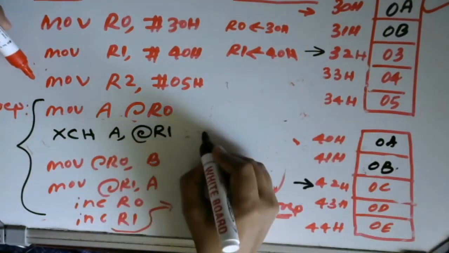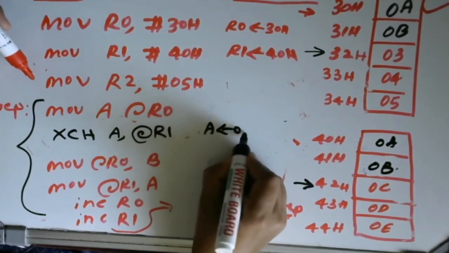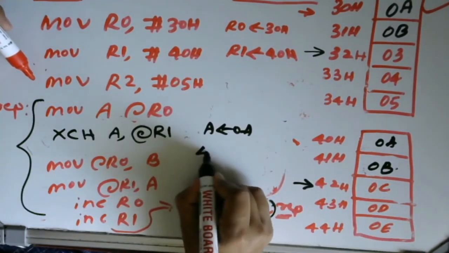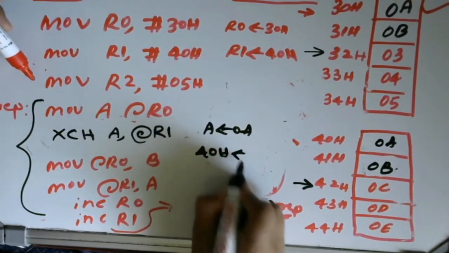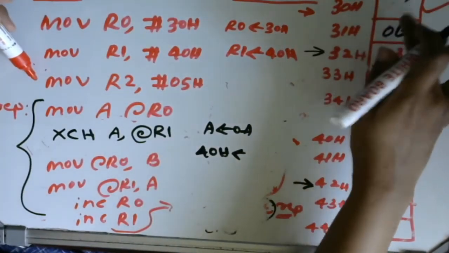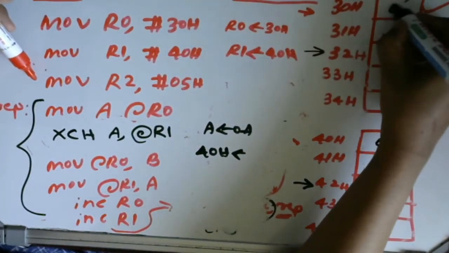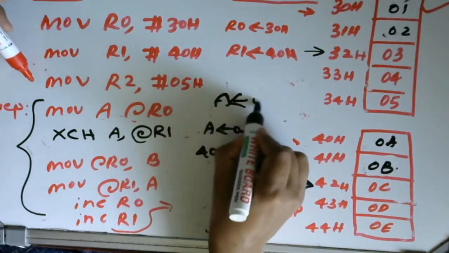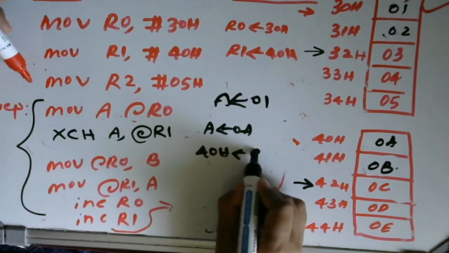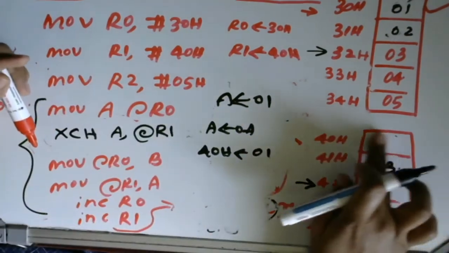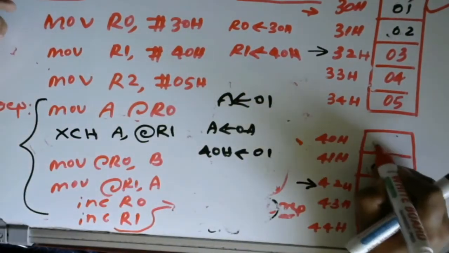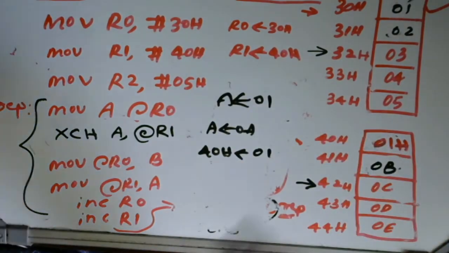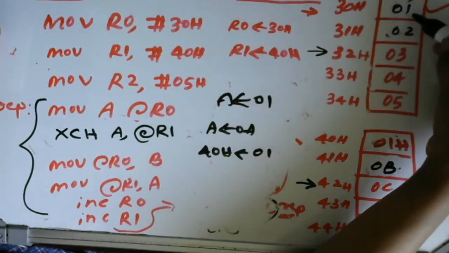So A will have 0A, and @R1, meaning 40H, will get whatever data was there in the accumulator. The accumulator was having 01, so 01 will go there. Means successfully 40H will have 01H.